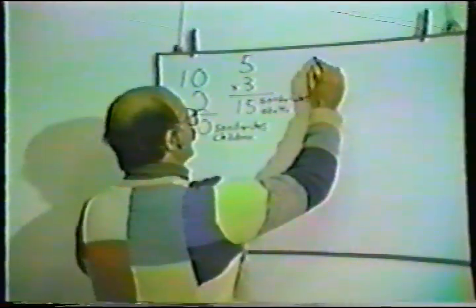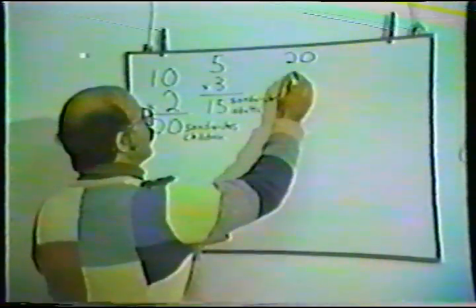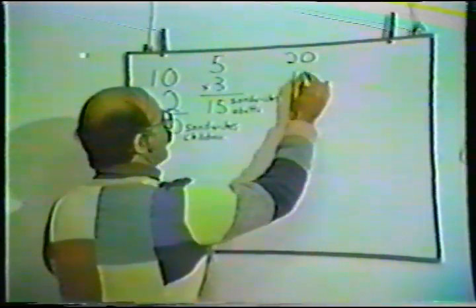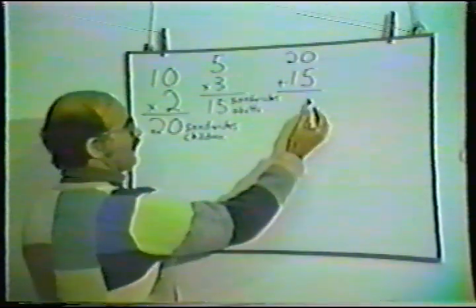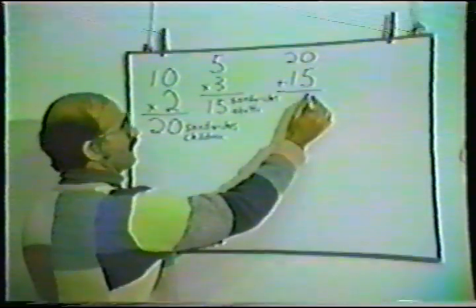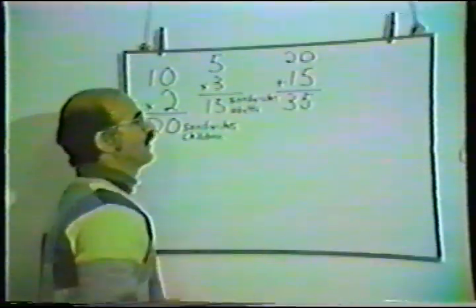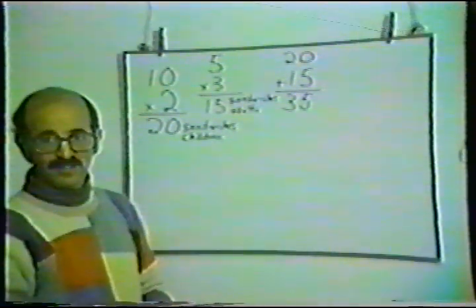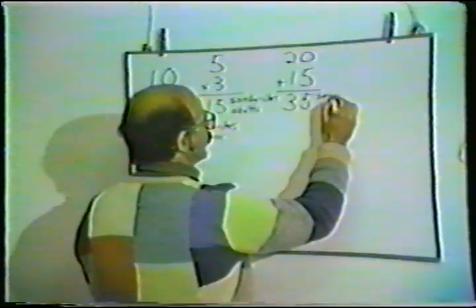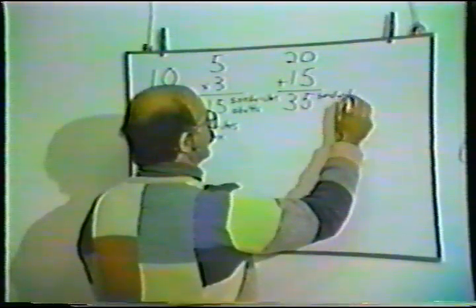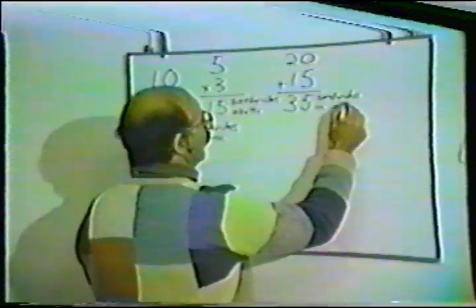All right. 20 sandwiches for children plus 15 sandwiches for adults. 0 plus 5 is? 5. 2 plus 1 is? 3. 35 what? Sandwiches. And what sandwiches are those? All together. Yes. Sandwiches in all.